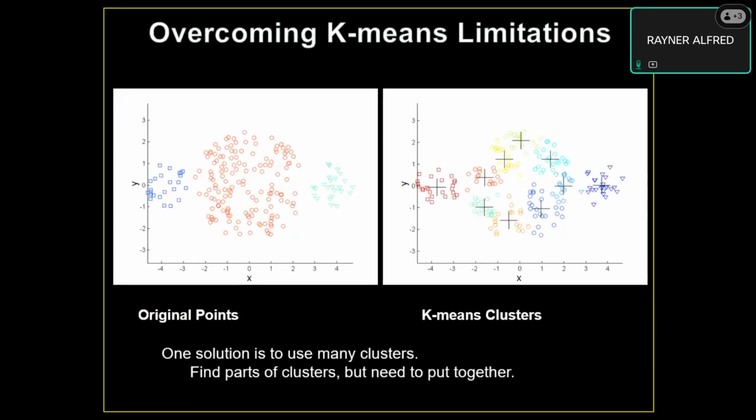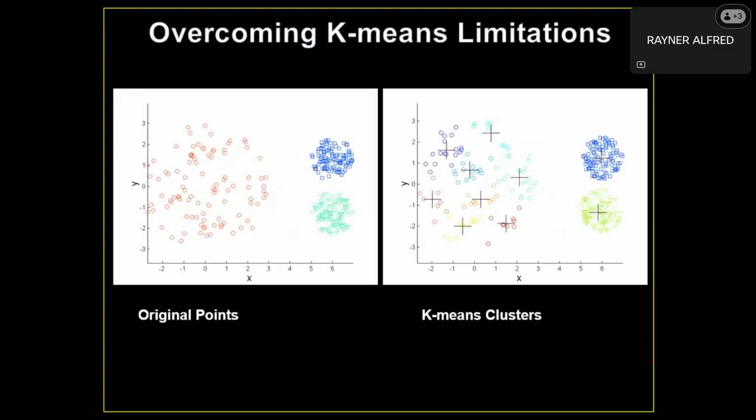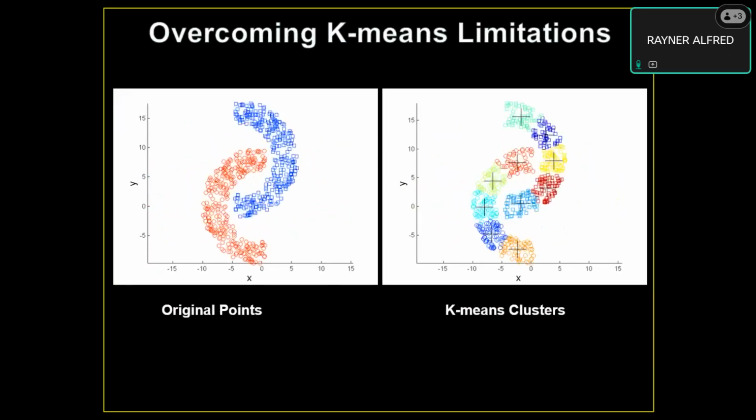So for this one, from three, we form into multiple clusters. So we can maintain the compactness of your cluster. Or for this one, this is for the different density, and this is for the non-globular.